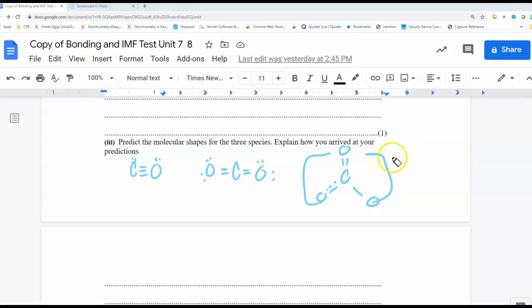Okay, so we would say that each of the carbon monoxide and carbon dioxide would both be linear, but the carbonate ion would be trigonal planar.